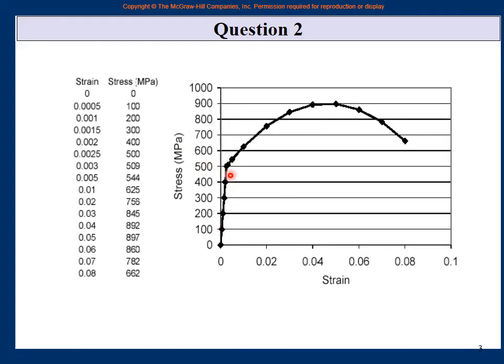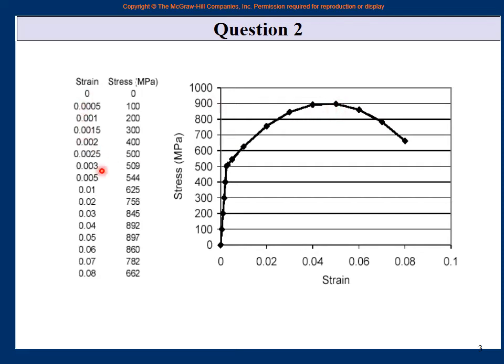So you don't have to do any 0.2% yield strength and so on. It is very clear on this graph that this is the yield point. Similarly, the ultimate strength is the highest point on the graph. It touches the 900 line. So this is also very clear.